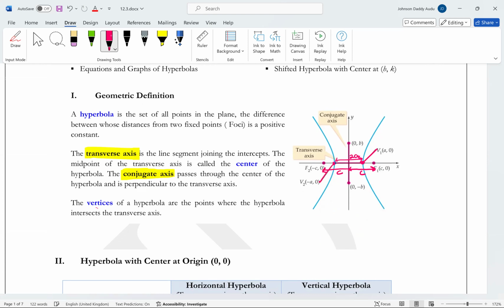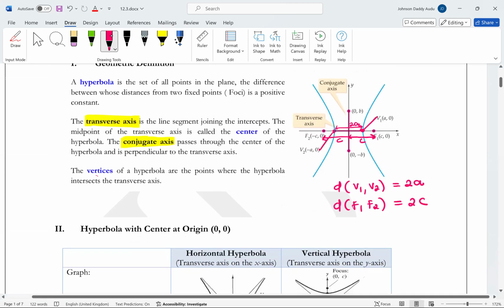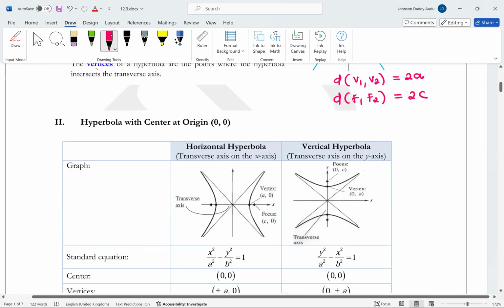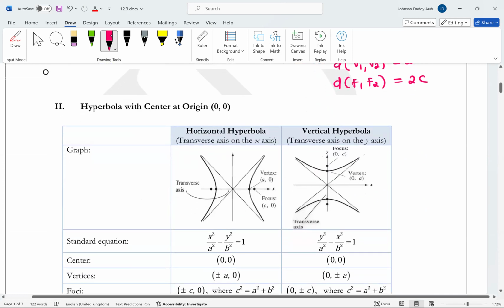The distance between vertex 1 and vertex 2 is given by 2a. Also, the distance between focus 1 and focus 2 is given by 2c. But there are two types of hyperbola: the horizontal hyperbola and the vertical hyperbola.